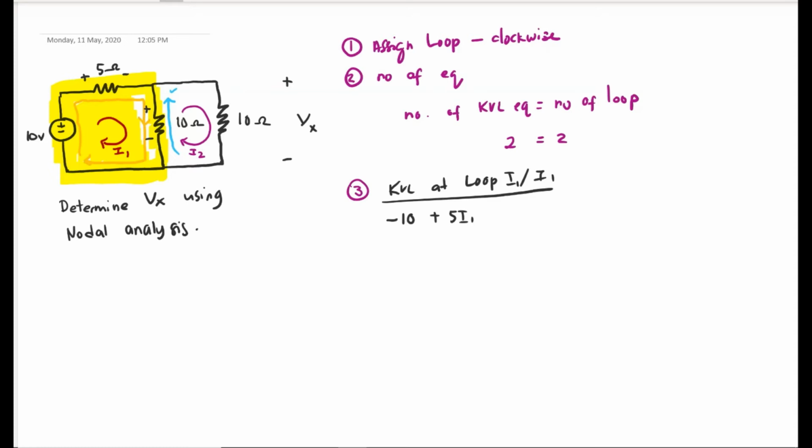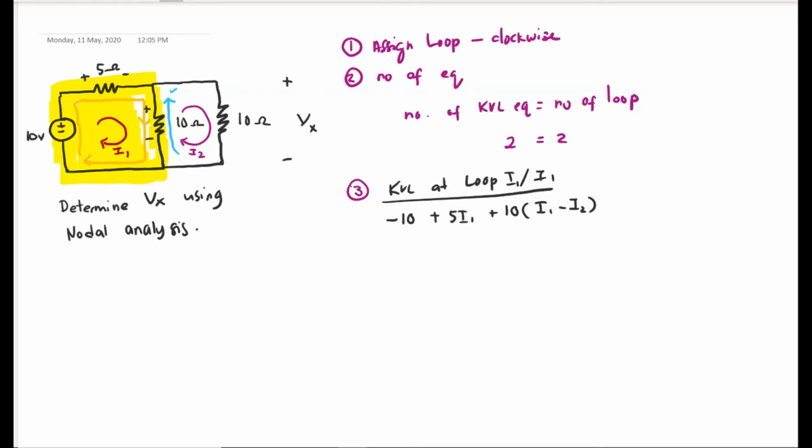And then the next will be 10 ohm. And you can see that there are 2 currents flowing through the 10 ohm resistor, which is I1 and I2. Because the dominant one in the first loop is I1, we consider I1 minus I2.